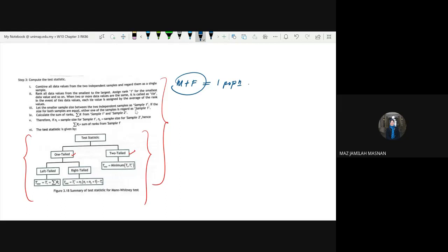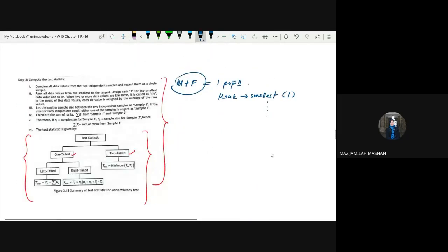Rank all the data values from the smallest to the largest. The smallest will be number 1, until the largest. Here you are talking about 9 data, so the largest will get rank number 9.